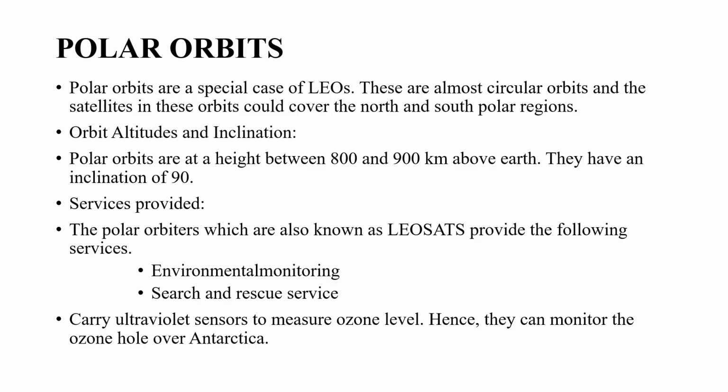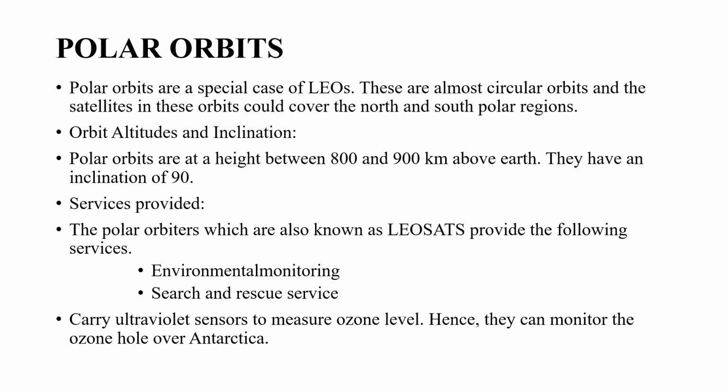Next is the polar orbit. Polar orbits are a special case of LEO orbits. These are almost circular orbits, and the satellites in this orbit could cover the north and south polar regions of the Earth. The polar orbits are at a height of 800 to 900 kilometers above the Earth, and they have an inclination of 90 degrees.